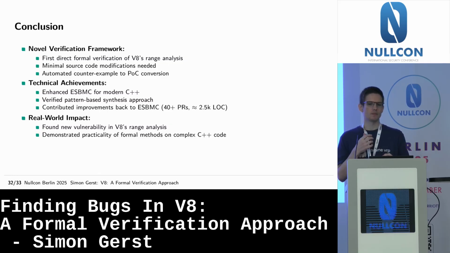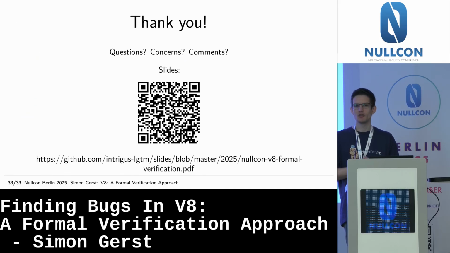In the best case, you have very self-contained functions that are not that huge, maybe 500 to 2,000 lines of code. But in that case, formal verification can be an interesting tool to automatically find bugs. So with that, thank you for your attention.